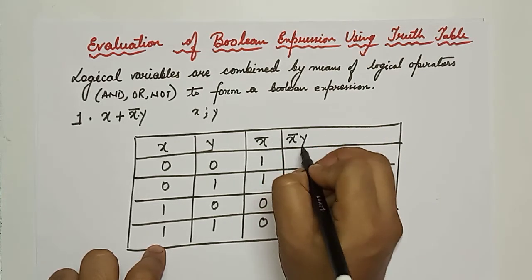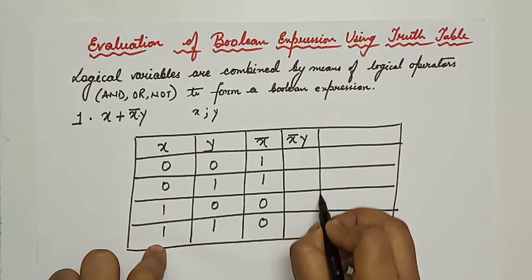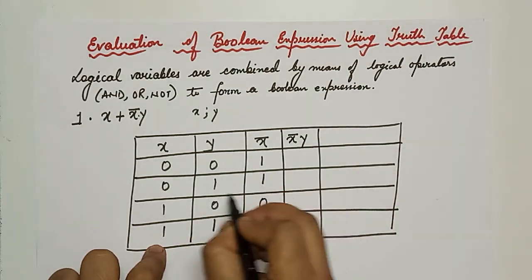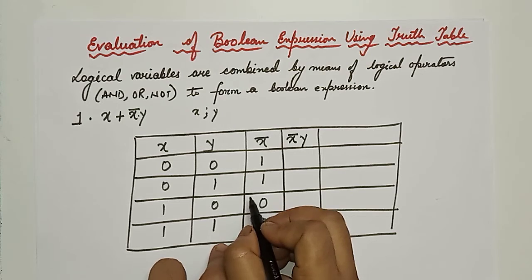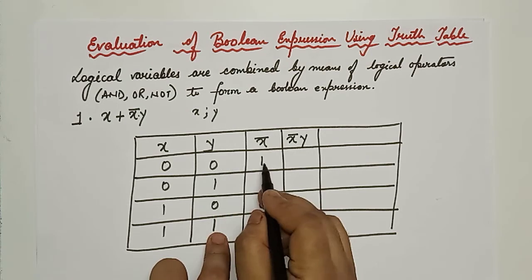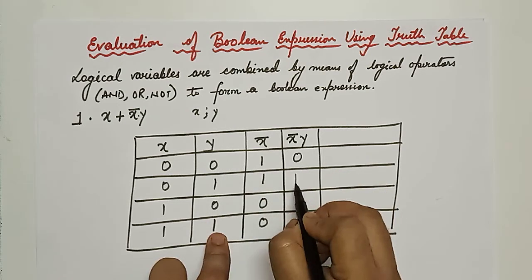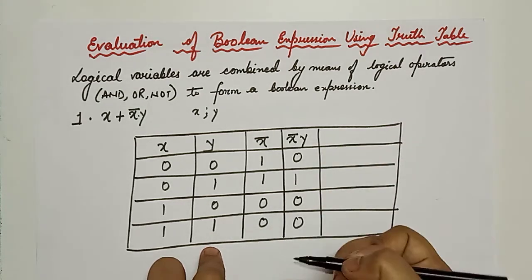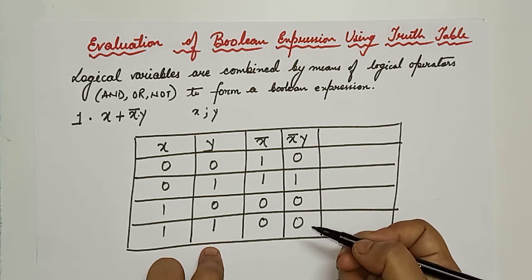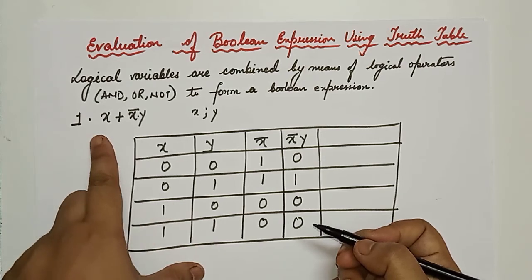Now what shall be the value of the X bar Y? That means for the values of these two columns, we have to apply what? AND operator. 0 1 it's 0, 1 1 it's 1, 0 0 it is 0, and 1 0 it is 0. We have used the AND operator over here. Now next what we need to find out?